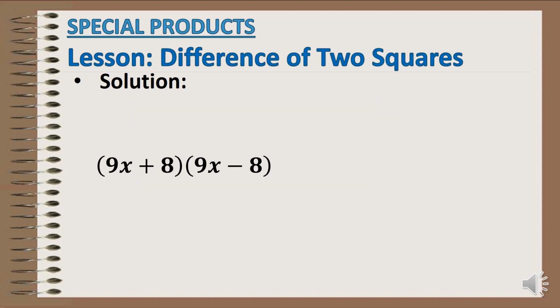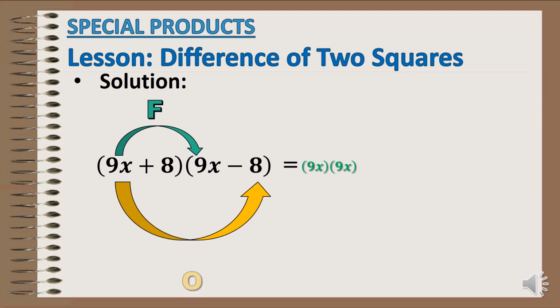The quantity of 9x plus 8 times 9x minus 8 is equal to, first terms, 9x times 9x. Outer terms, we have plus the quantity of 9x times negative 8. Inner terms, we have plus 8 times 9x.